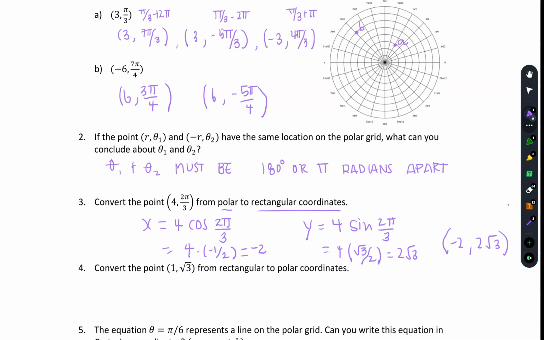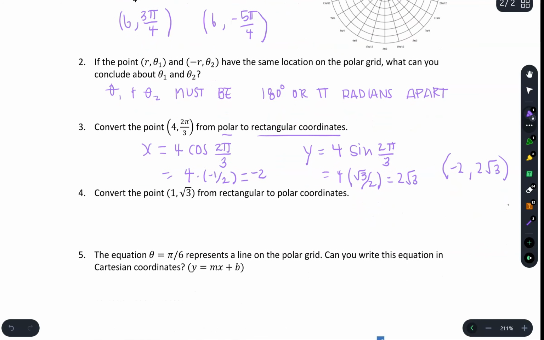Okay. Alright, so 4 says convert the point from rectangular to polar. So my r value, the radius, will be the square root of 1 squared plus square root of 3 squared. This is 3 plus 1, so my radius is going to be 2. My theta value is going to be inverse tangent of square root of 3 over 1, which is going to be 60 degrees.